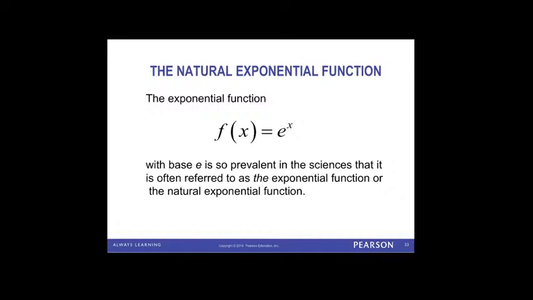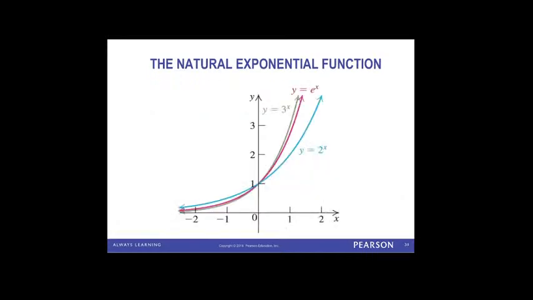If we compare the natural exponential function where you have the base e to, say, y equals base 2 versus base 3, right? So the base e is between base 2 and 3, right? Because remember we said that e was 2.73 something, like it's this irrational number between 2 and 3 but closer to 3.